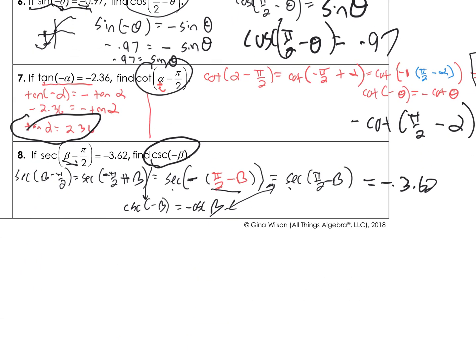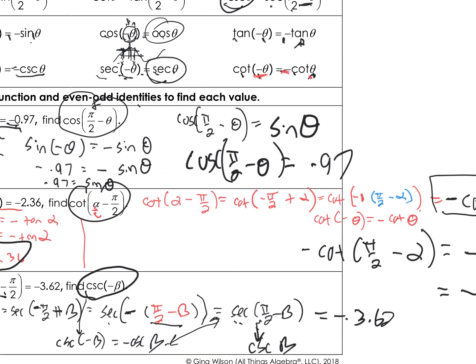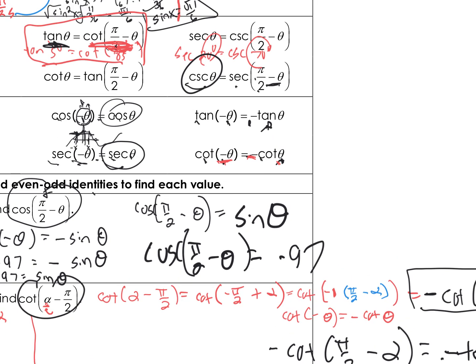So we know secant of pi over 2 minus beta, right here, is cosecant of beta.